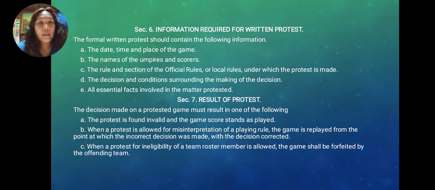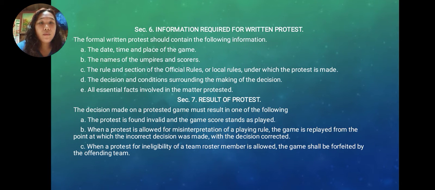Now let's go to Section 7, the result of protest. The decision made on a protested game must result in one of the following. Letter A, the protest is found invalid and the game score stands as played.